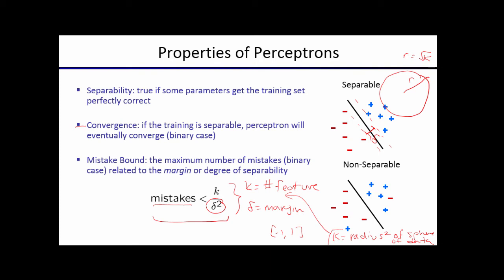Yes? If your data is not separable, could you just add more features? Yeah, so the question is, if your data isn't separable, can you just add more features? In some cases that will work. It depends on what the features are. It's possible that in the current space you're in, it's not separable, but when you increase the dimensionality and put it into a higher dimensional space, it becomes separable.